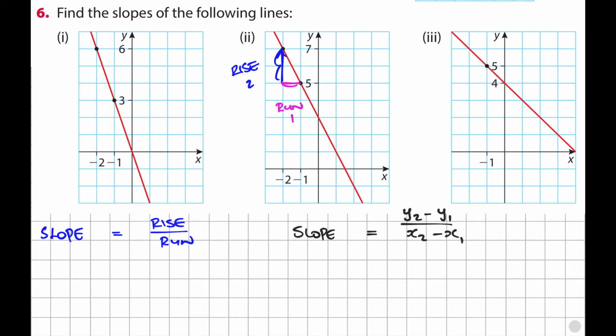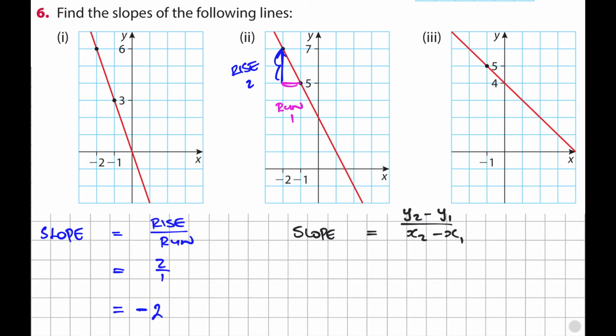So the rise over the run will be 2 over 1, and 2 over 1 is the same as 2 divided by 1. 2 divided into 1 equal part is just going to be 2, obviously. That's the way we do it when we have a diagram we can see. We know that that slope there is negative, so I can put in negative 2.